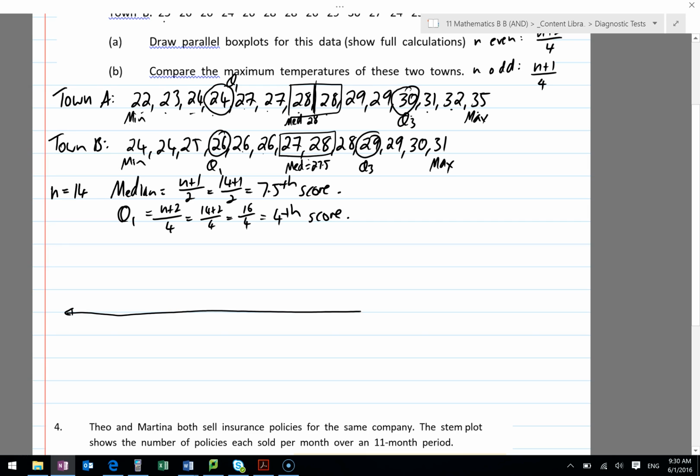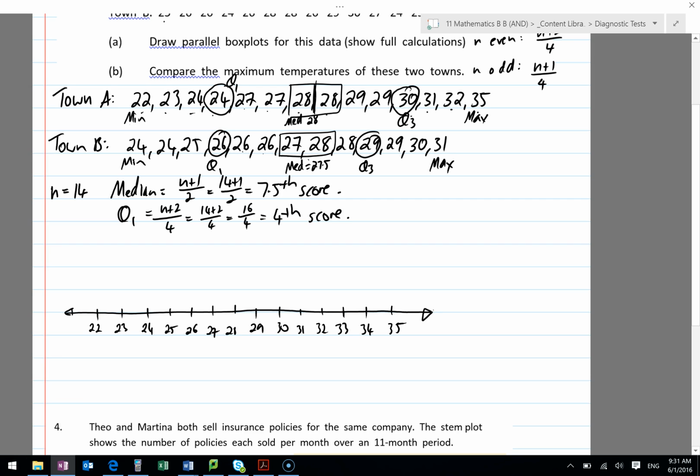Need to start with an axis on the bottom. Need to go between 22 and 35. So hopefully I'll get enough room for all of this. You should use a ruler. Okay, I'll just shorten that.